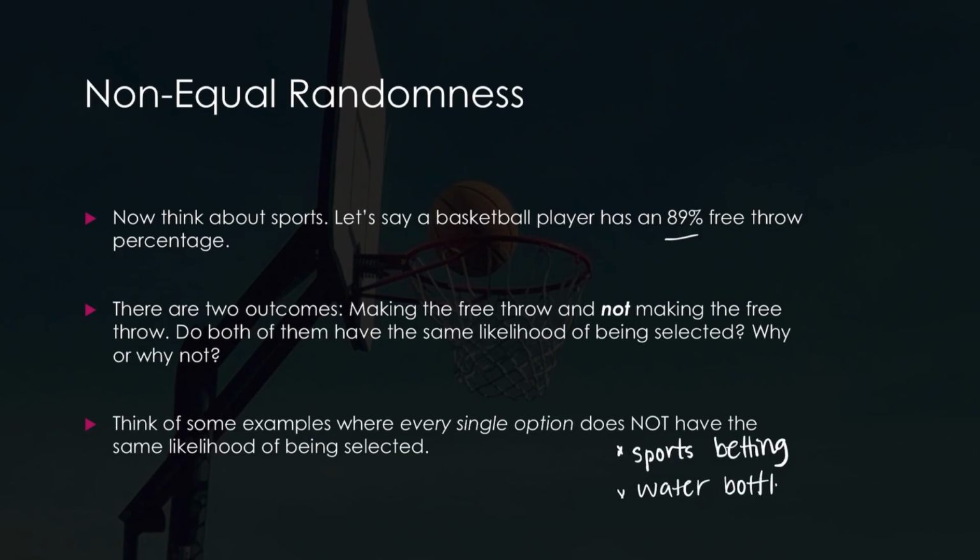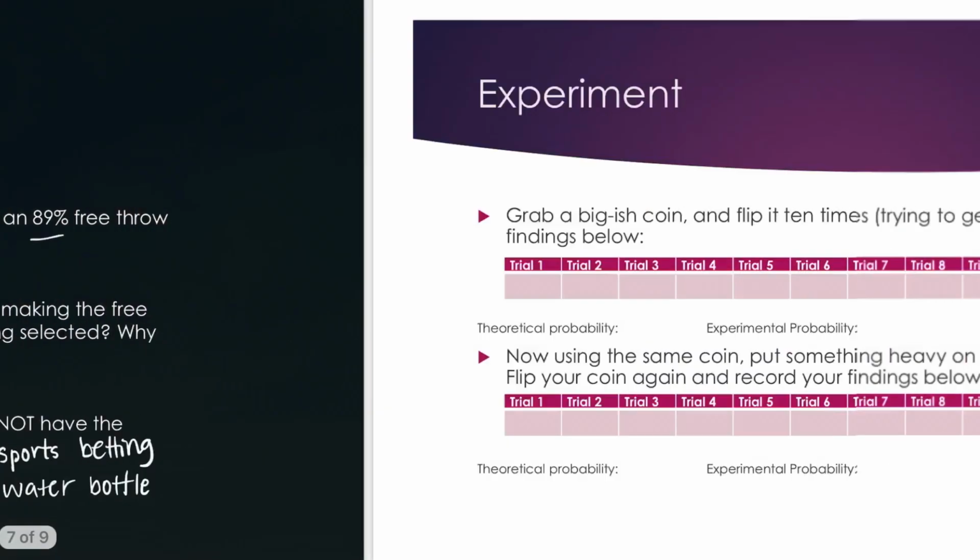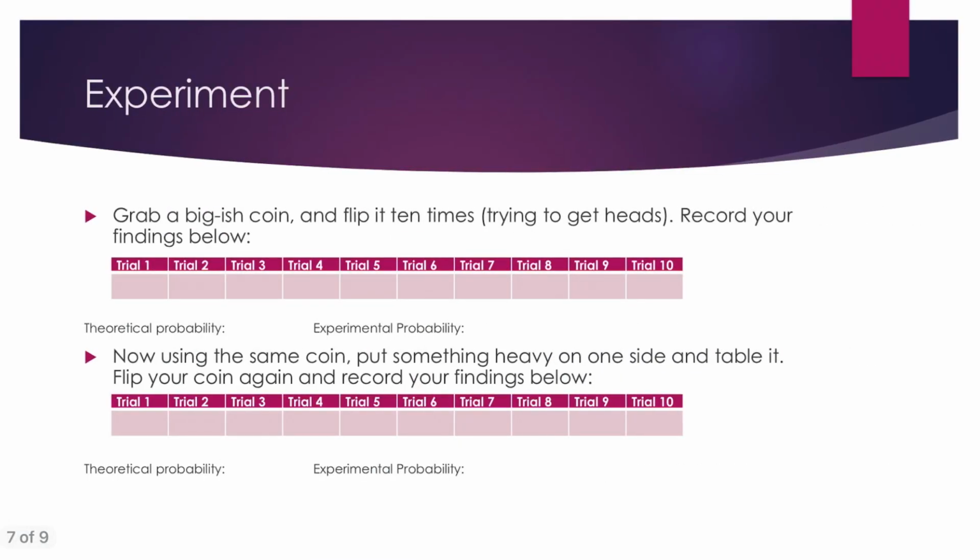I know that's a lot of fun. Please don't do that to your teachers. I had one explode and I was not very happy about it. But those are examples of things that are not necessarily random, right? Because when you throw it, it's not the same probability of each of the outcomes.